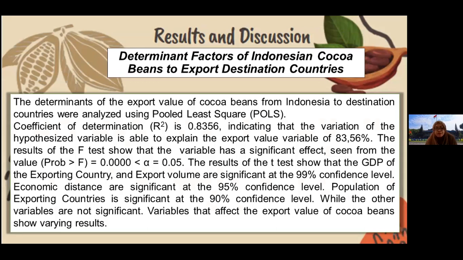The result of the F-test has a probability equal to 0.00, less than alpha of 5%. In the T-test, the GDP of the importing country and export volume are significant at 99%, economic distance is significant at 95%, and population of the importing country is significant at 90%, while the other variables are not significant.